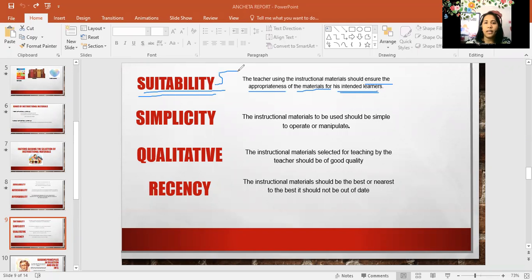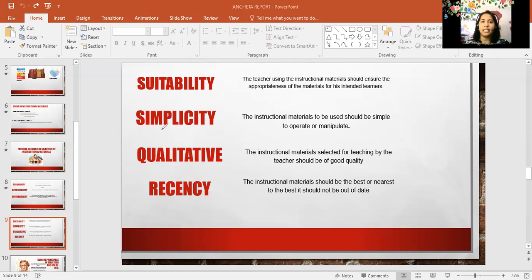It means it should be suitable to the age of the learner. So you need to consider the age of your learners to find appropriate instructional materials.